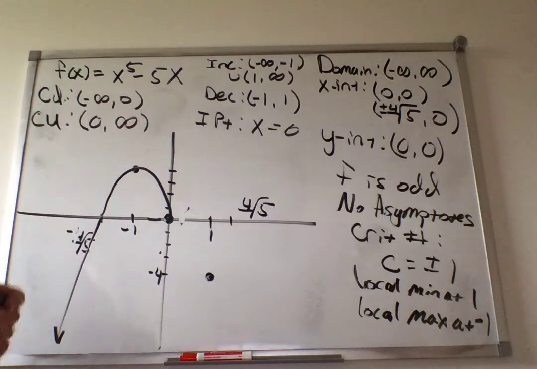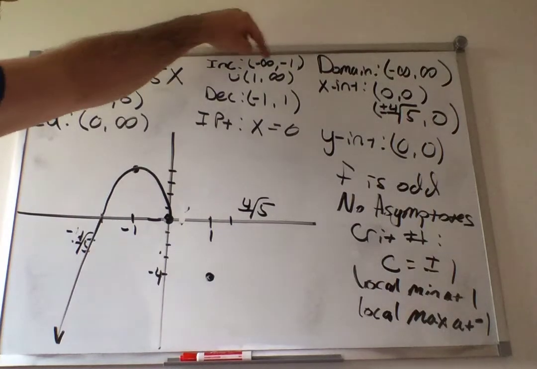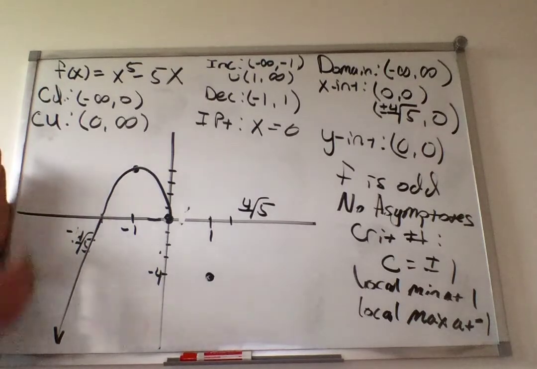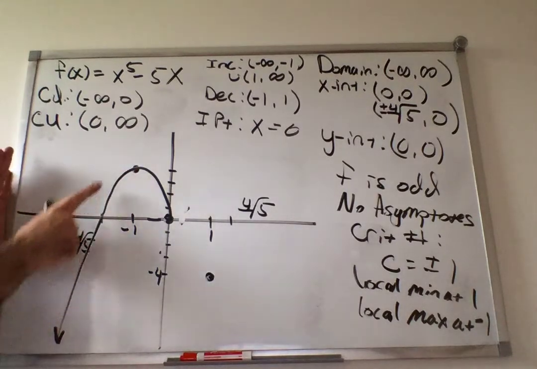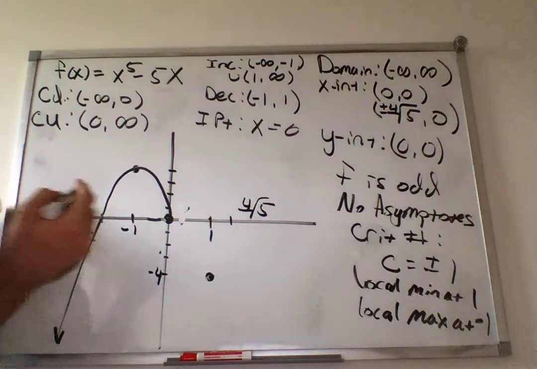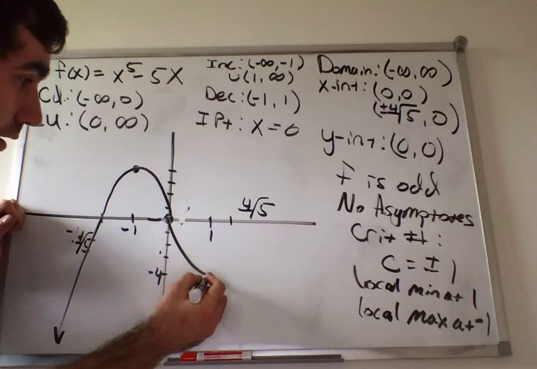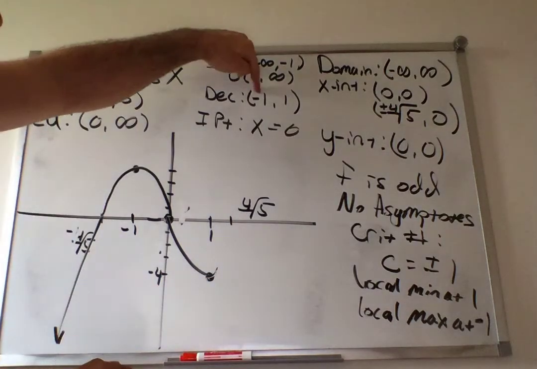Not only that, look at our increasing interval. It goes from x equals -infinity all the way up to -1. I'm increasing all the way through here. Now I'm decreasing through here, like that. As you can see, I'm decreasing from -1 to 1.